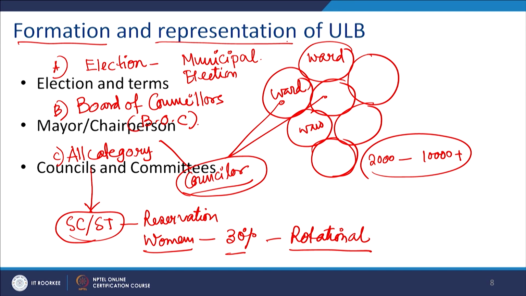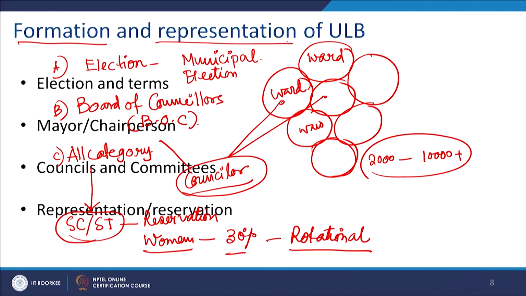These are the terms we discussed today: the mayors, chairpersons, councils and committees. Apart from the council, there could be various committees formed from time to time to execute particular functions in terms of development or service, and we have also discussed representation and reservation.